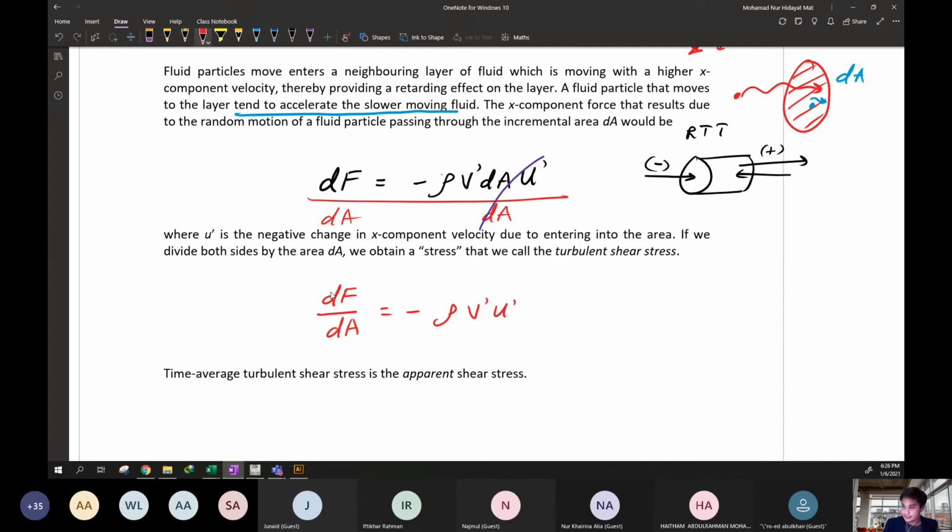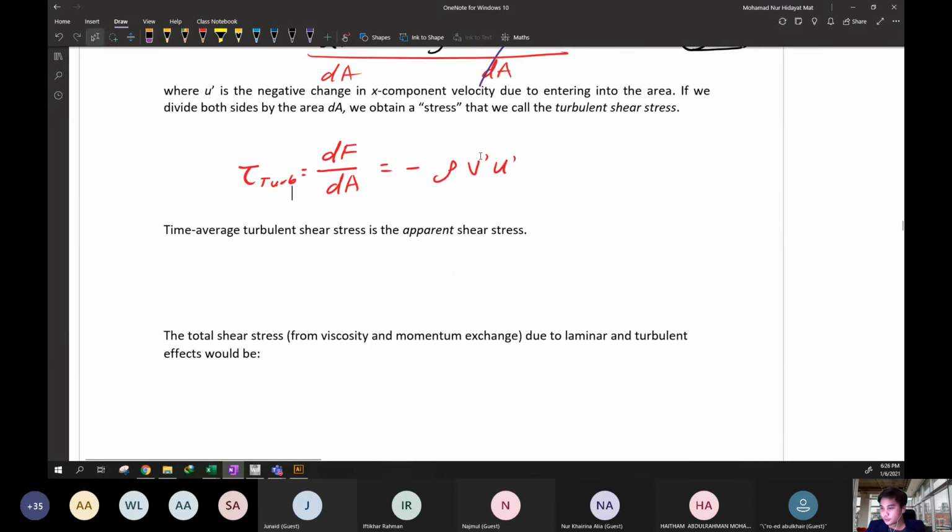Okay, so this symbol basically is tau turbulent, the time average turbulent shear stress. In order to get the time average, we can put the average equal to negative rho, u and v.